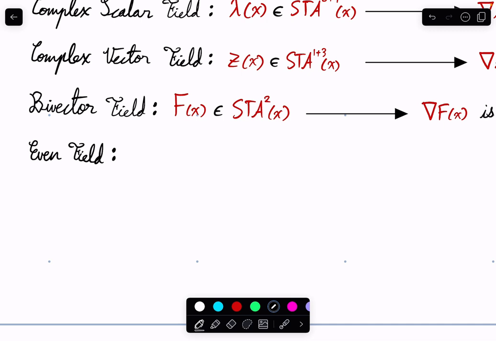So the spacetime algebra paper that we're working out of calls this a spinor field. However, this is not a spinor field because it's not a field of minimal left ideals. It's a field of even elements of the spacetime algebra. So I will be calling it an even field. So if you have an even field, and we'll write that as t of x, and we can just call that lambda of x plus f of x. It has a complex scalar and a bivector component.